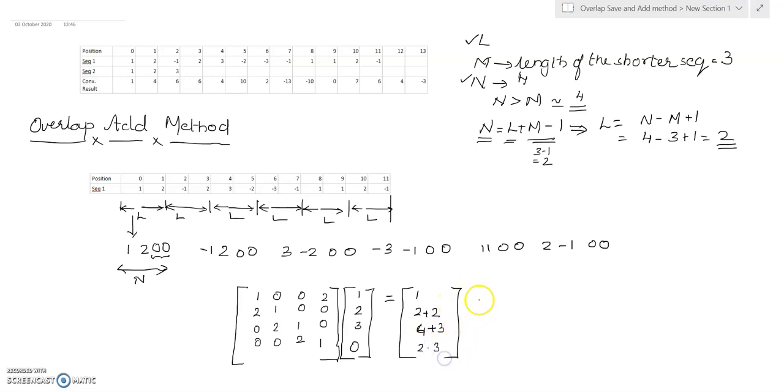So the matrix becomes 1, 4, 7, 6. What I did right now is I performed circular convolution between this sequence 1, 2, 0, 0 and 1, 2, 3, 0. Now to perform circular convolution, both of them must be of the same length, which is why I zero padded this 0 over here.